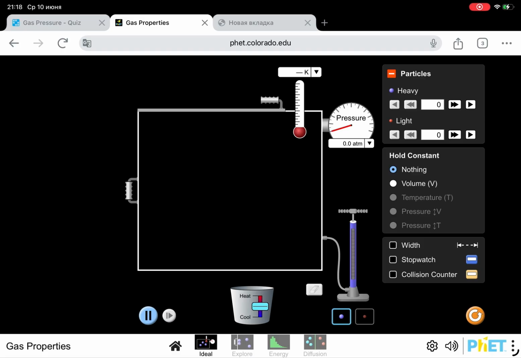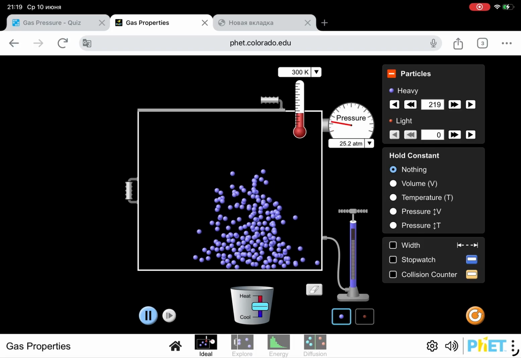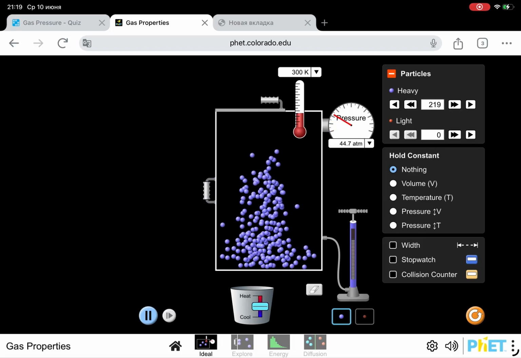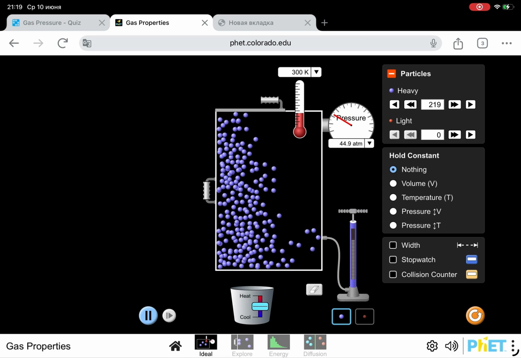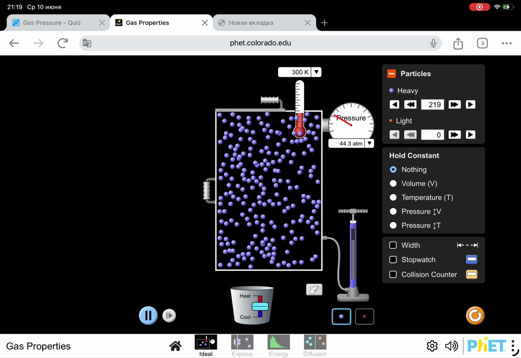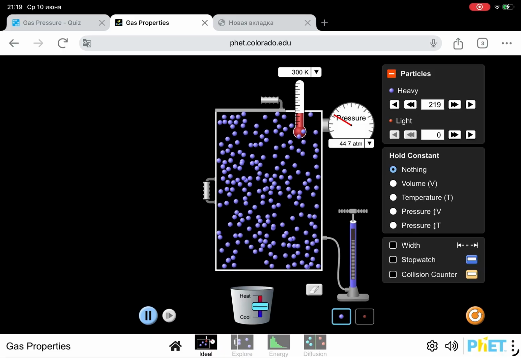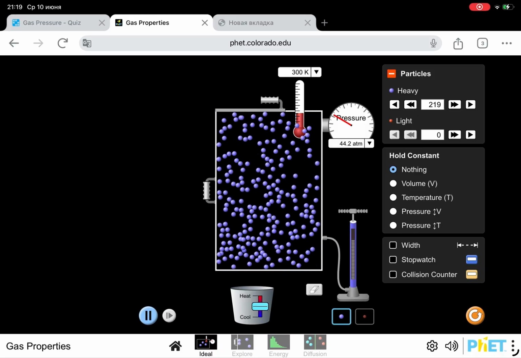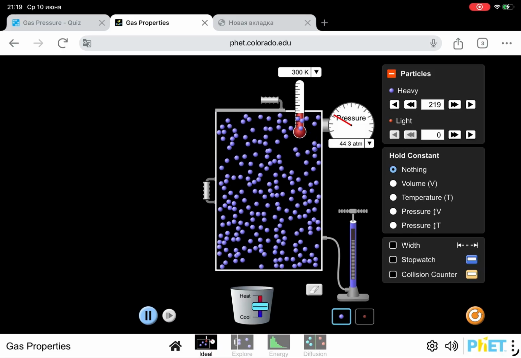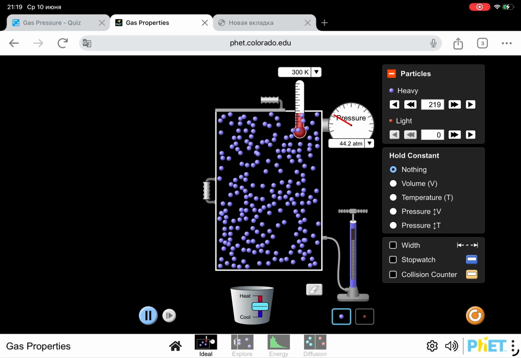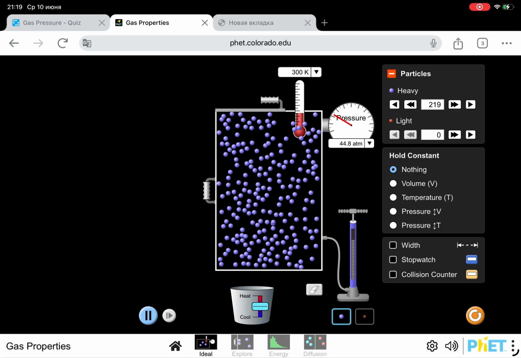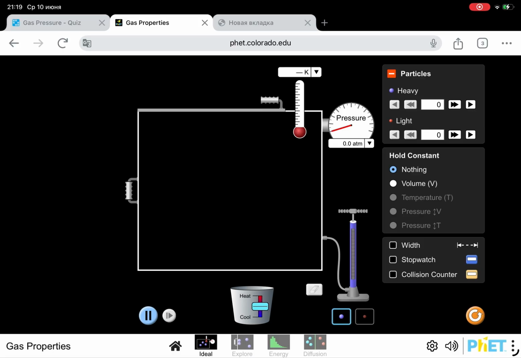We can change the volume, change the temperature, and pump air or gas particles into the container. We could also measure the pressure of the gas, and so on. Those are the possibilities this platform gives us. But before we start, let's talk about the theoretical part of our topic.